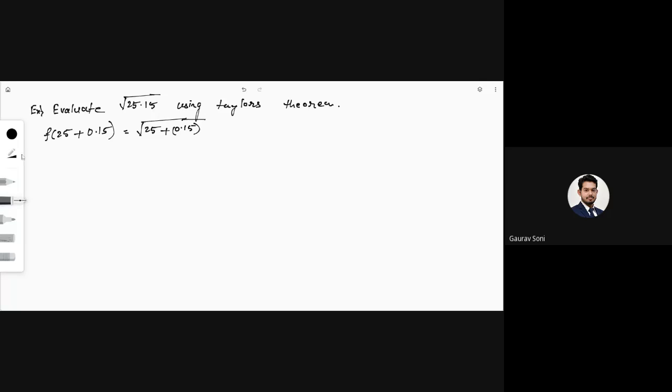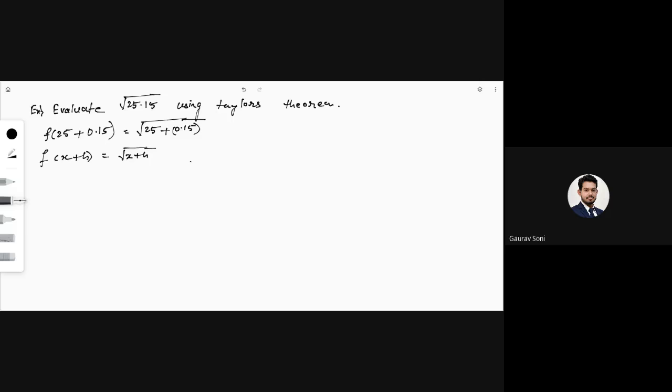Okay. So what is our f of x plus h? F of x plus h is equal to root of x plus h. So 0.15 is better to square rather than finding out the root. So I will expand.